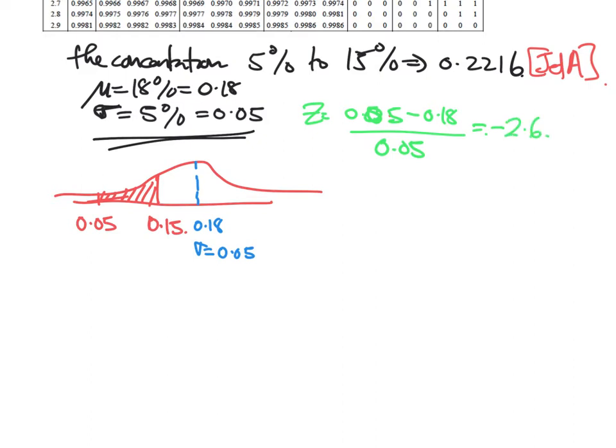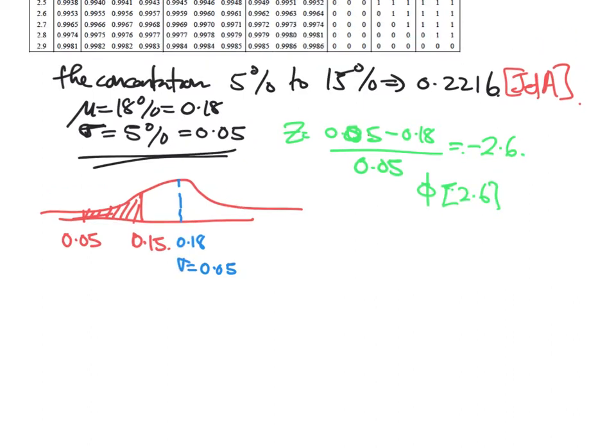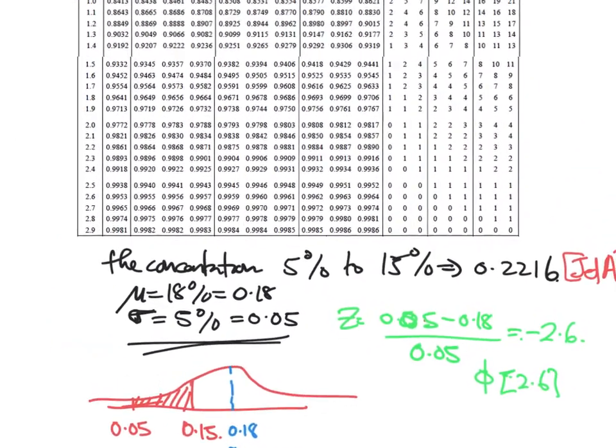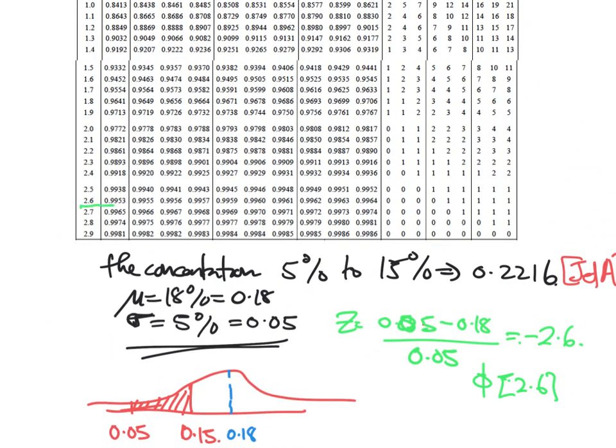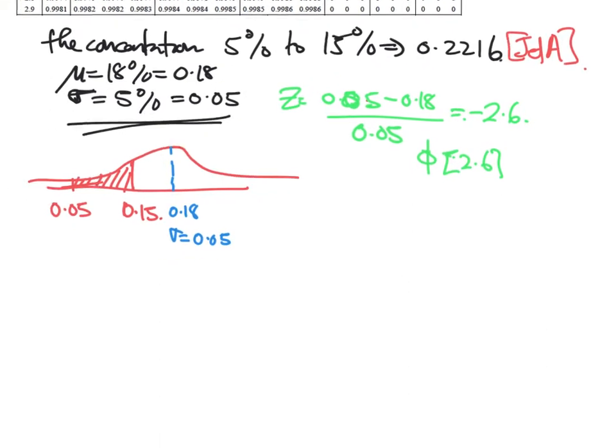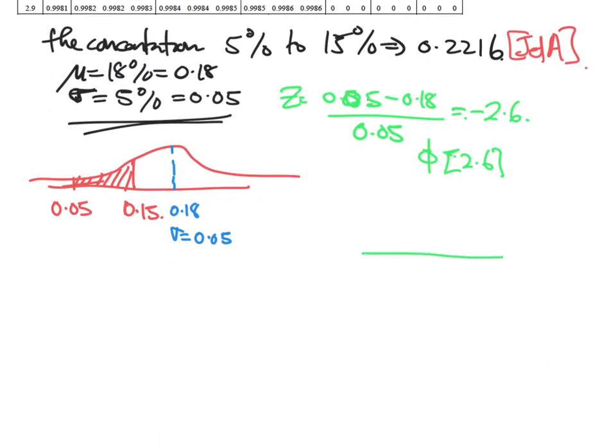Negative 2.6, so look at the phi of positive 2.6. Phi of 2.6 is 0.9953, and since I'm using the MF19, it gives the area to the left of the z-score.